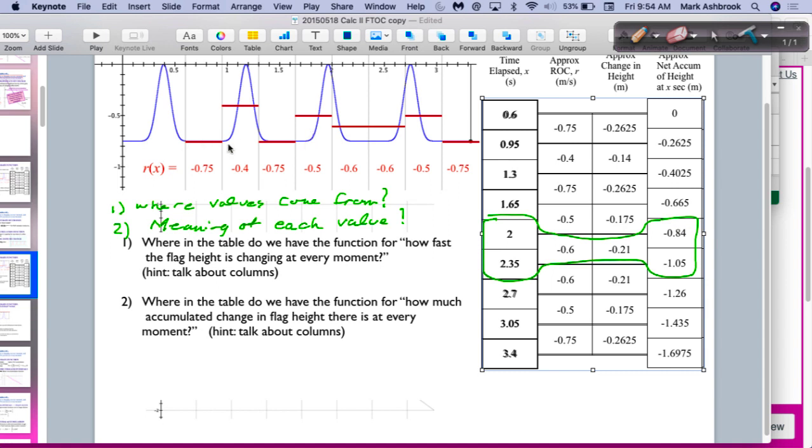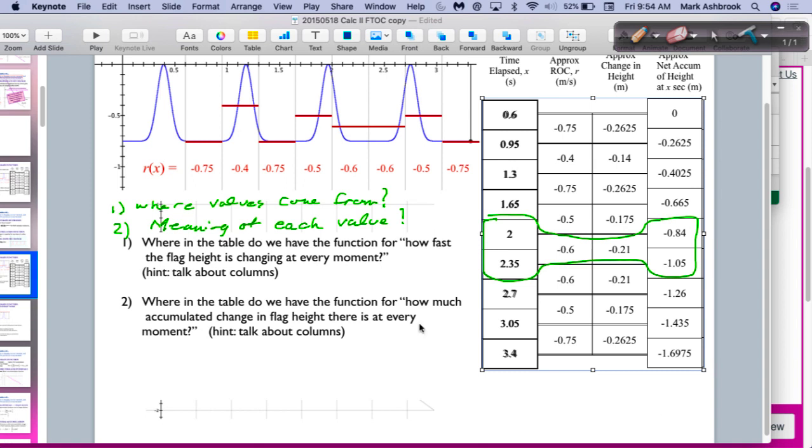In order to use dy equals m dx, we created this pretend rate function with constant rates. And this table represents the pretend rate function, time versus constant rate. And with these two columns, now we're creating our accumulated change in height for each time. Okay, does it make sense?